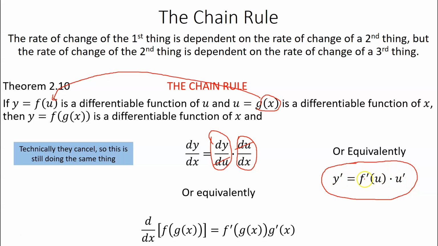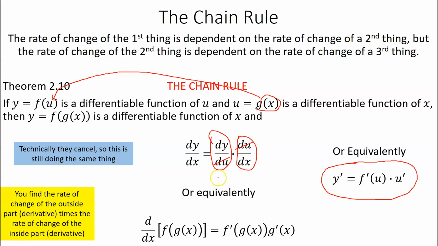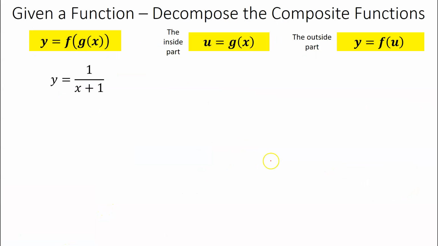The derivative is the derivative of the outside times the derivative of the inside. If u is what's on the inside, I need the derivative of what's on the inside. So I've got f prime of u times u prime. You find the rate of change of the outside part times the rate of change of the inside. That's really what I've just been saying, repeating it over and over again.